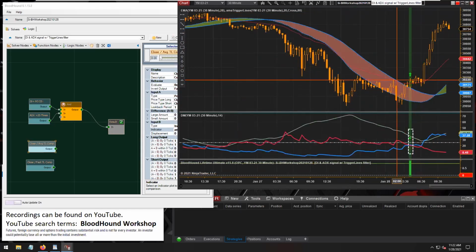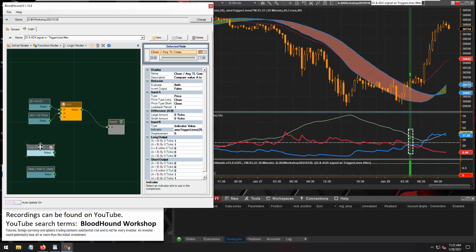But back here, we're comparing to the average. So let's see here. Yeah, I think this is going to require either the if-then or the relational node.